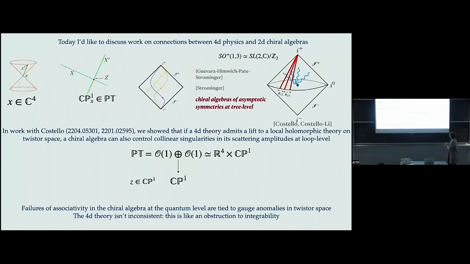And these are the four-dimensional theories that admit lifts to local holomorphic theories on twistor space. This is an extremely limited and special class of theories, but nonetheless, this is the statement that I can make precise. So firstly, what kind of four-dimensional theories admit such lifts?